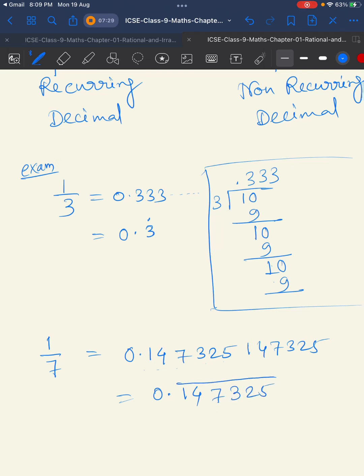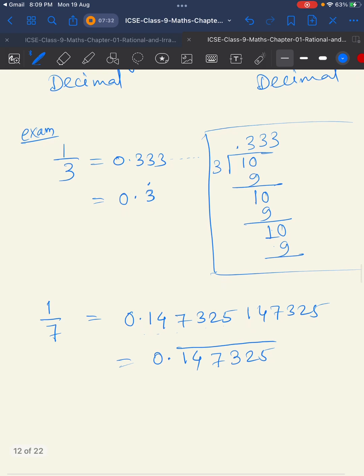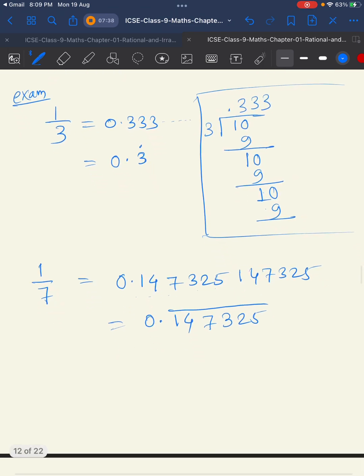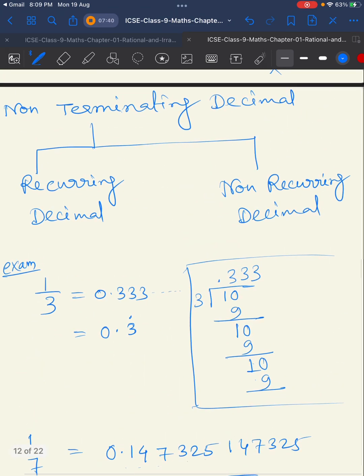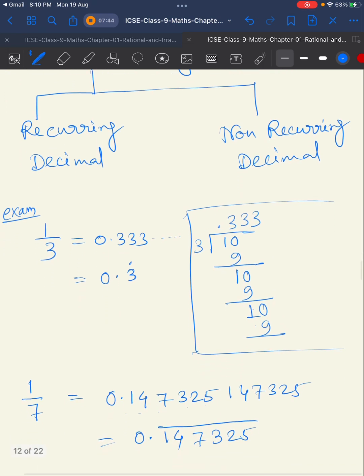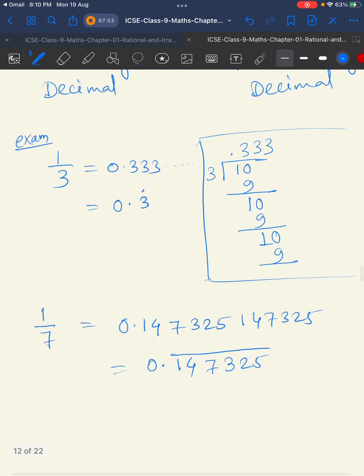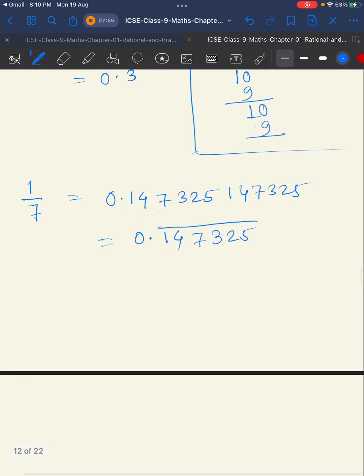So here the bar will be on the whole set of digits. So this is called recurring decimal. If one digit or a set of digits is repeated, this is called recurring decimal.